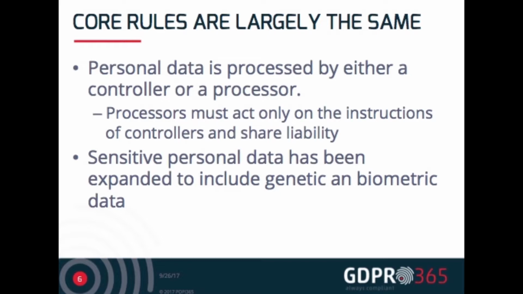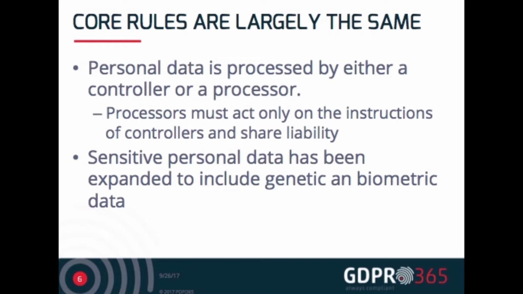Personal data is any information that can be identifiable to an individual. The definition is slightly broader, so an IP address tied to an individual that can indicate that individual's location, so an online identifier of some sort, is now also considered personal data.